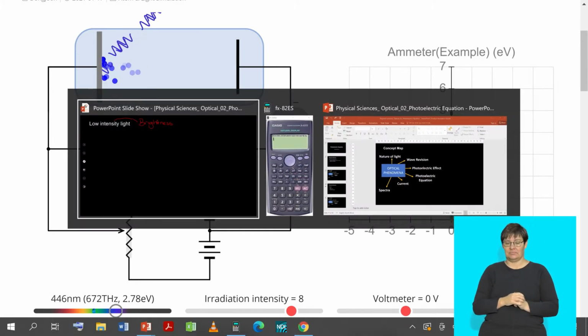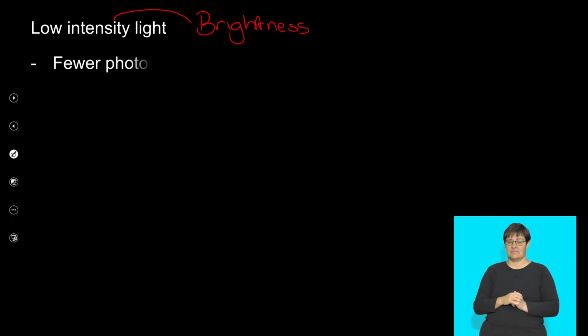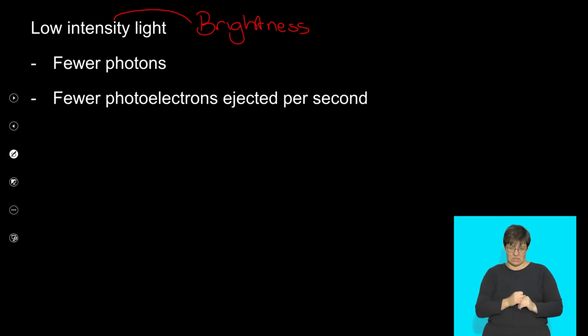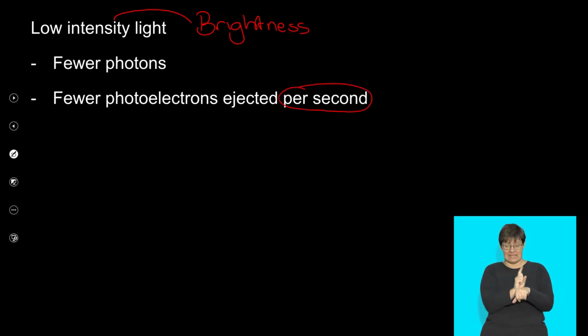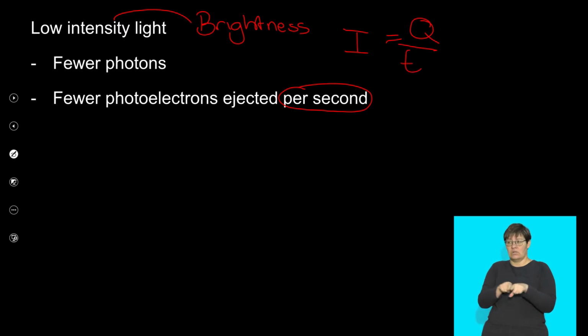So, here we go. If there's a low intensity, that means we have fewer photons because it's not as bright. If there are fewer photons, now watch, it's not about energy now, it's electrons ejected per second, and it's the whole concept that current is charge over time. When we eject electrons, it's a charge that's moving.